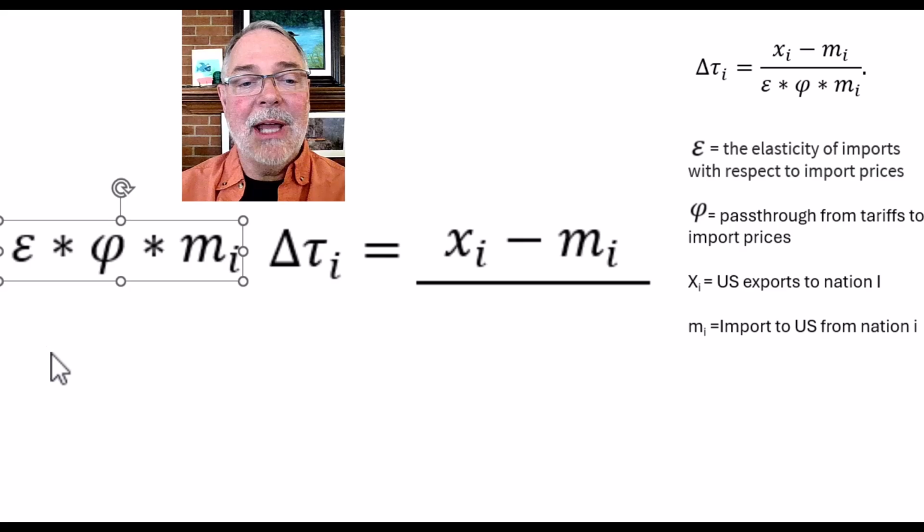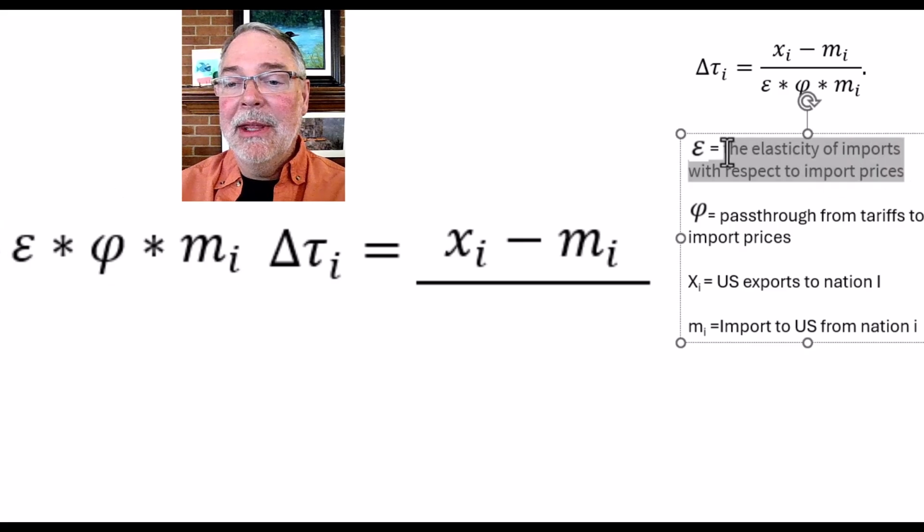We've got this epsilon, lowercase epsilon. If you went to a fraternity or sorority, these are lowercase epsilon and phi. Epsilon is the elasticity of imports with respect to import prices.